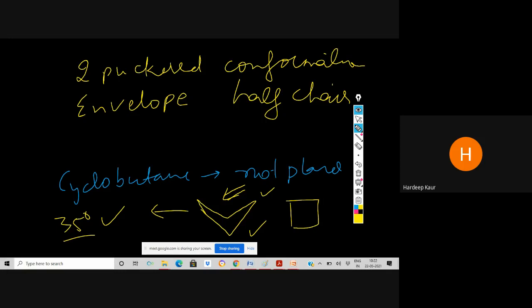So let us draw the envelope conformation first. In the envelope conformation, the structure is like this. It's like an opened envelope. Okay, so this is the envelope conformation, 1, 2, 3, 4, and 5. And the half chair conformation is like this.